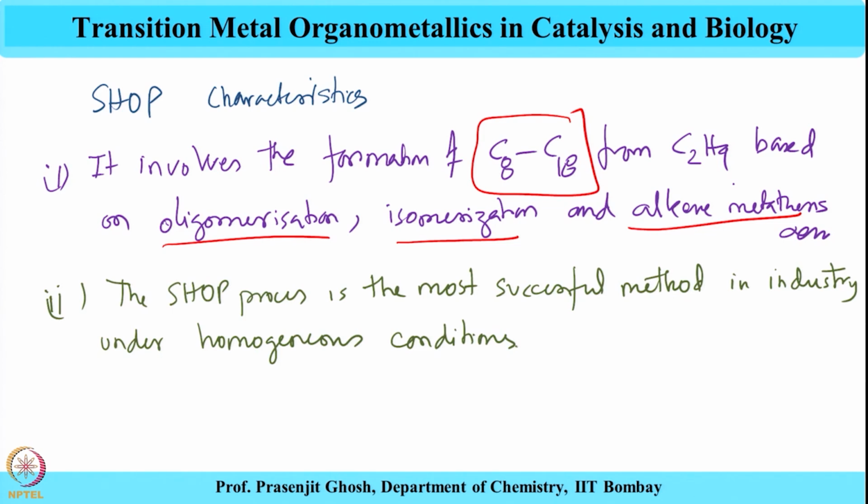So, SHOP is a very successful method in industry and it was primarily used for producing alpha olefins from ethylene as an alternative method for producing alpha olefins from petroleum or by cracking of natural and crude oil. So, let us now take a look at the mechanism for this alkene and alkyne oligomerization reaction.